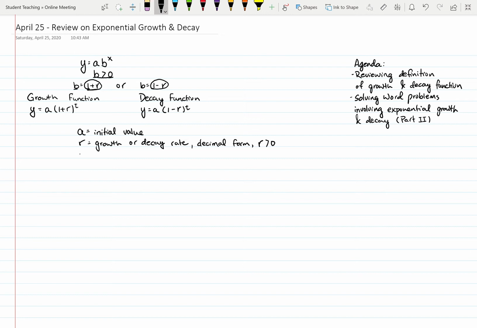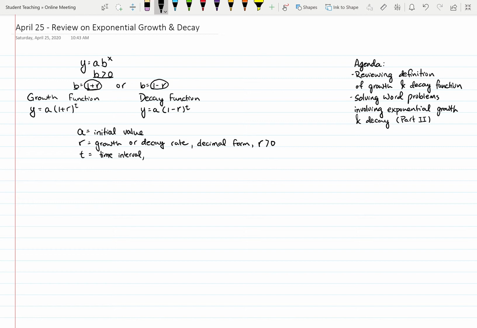Next thing, time. T is the time, the time interval. What I want to stress here is that time can be in different units, depending on the problem. It could be seconds, minutes, hours, days, weeks, months, years.